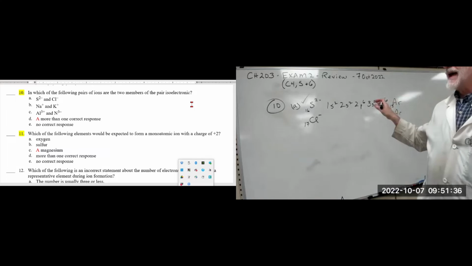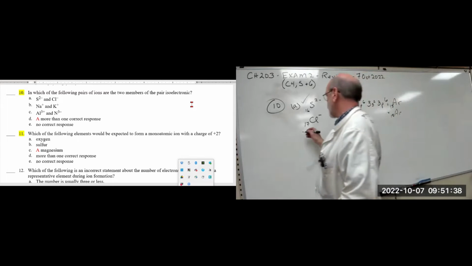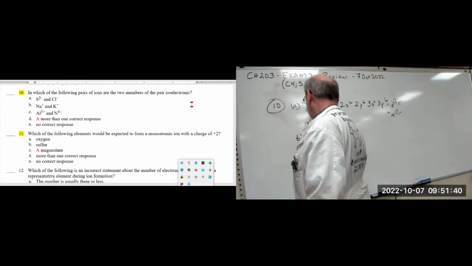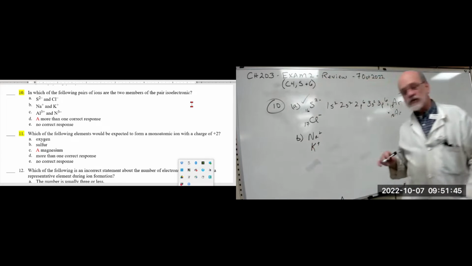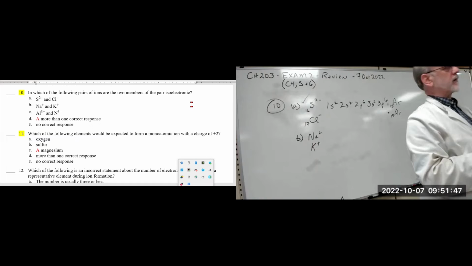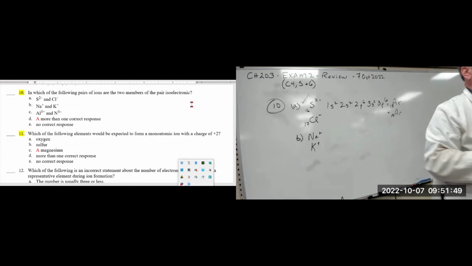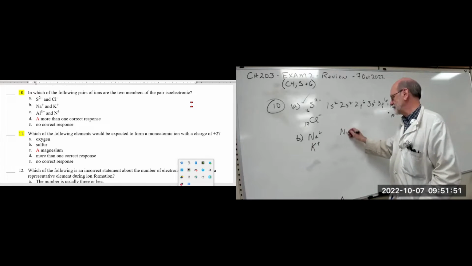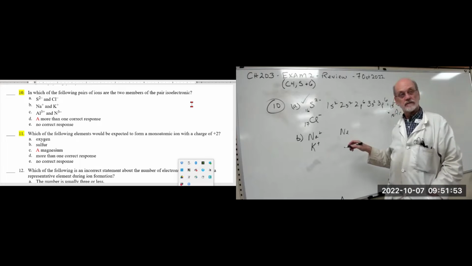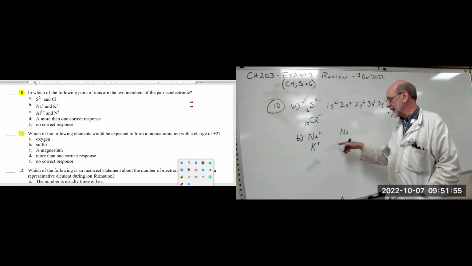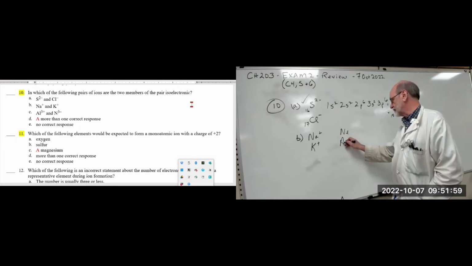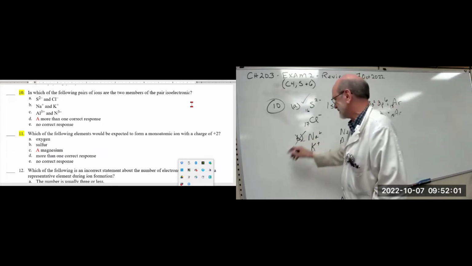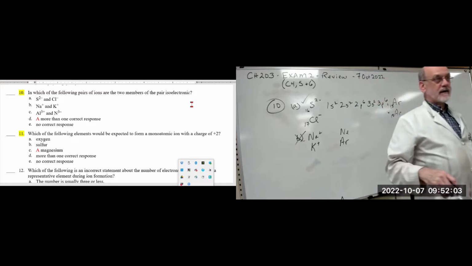Okay, so that's A. How about B? Sodium and potassium. When sodium loses an electron, what does it look like? Neon, right? Just use your periodic table. So it looks like neon. How about potassium? It looks like argon. How did I do that?